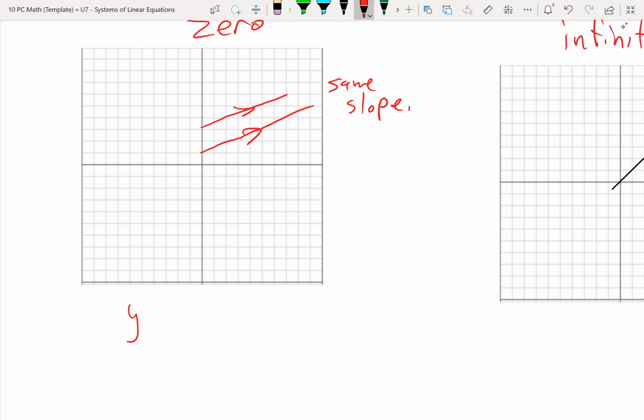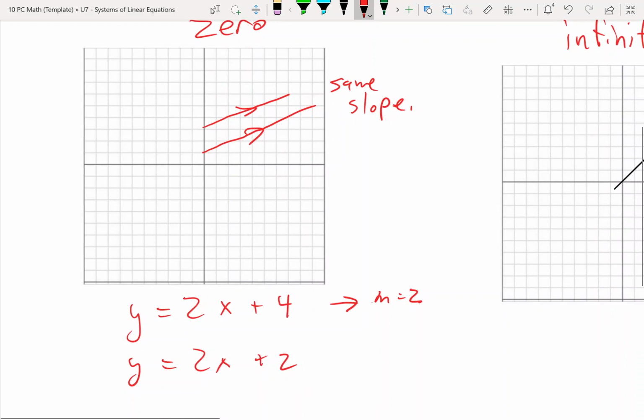Let's say y equals 2x plus 4. The slope is whatever's in front of the x, so the slope is 2. If I want them to have 0 points of intersection, the slope has to be the same. Now, the y-intercept, the number at the end, has to be different. If it's the same, they'll actually be overlapping.